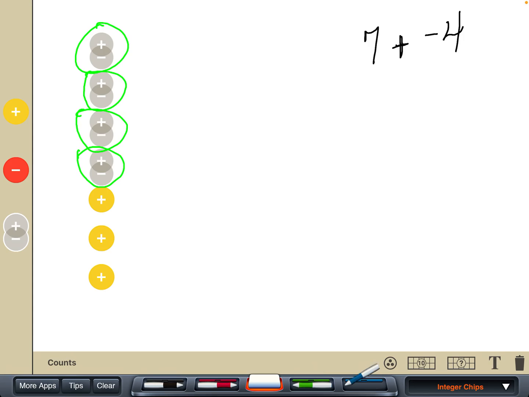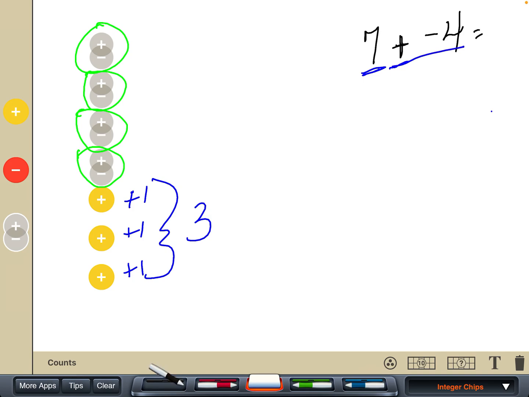And when we take those away, how many do we have left? This will be positive 1, positive 1, positive 1. So we have 3 positives left. So 7 positives plus 4 negatives gives us 3 positives, right?